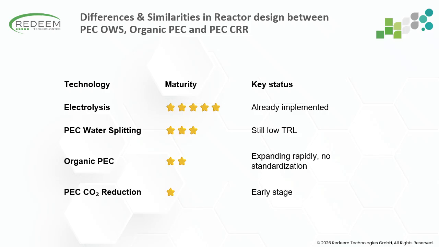For organic PEC, this is a rapidly developing field, but there are no uniform reactor concepts. This remains batch chemistry, and there's little standardization when it comes to reactors. And finally, the CO2 reduction reactors. This is still at a very early stage with major challenges in both the reactor engineering and also the product selectivity.